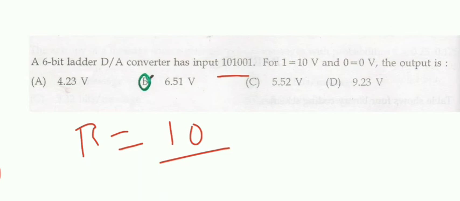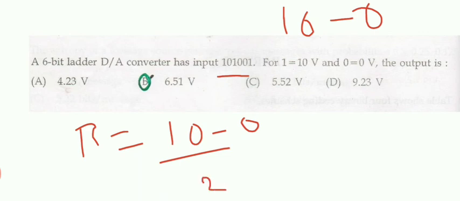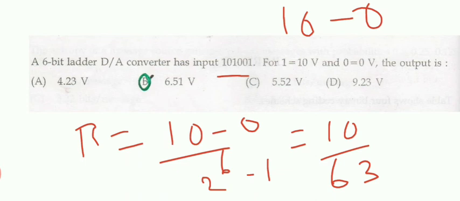It is 2 power n minus 1. This is my FSV, 10 minus 0. So 10 minus 0 full scale output, and it is a 6-bit ladder. So it is 2 power 6 minus 1, it is equal to 10 by 63. So the resolution is 10 by 63.